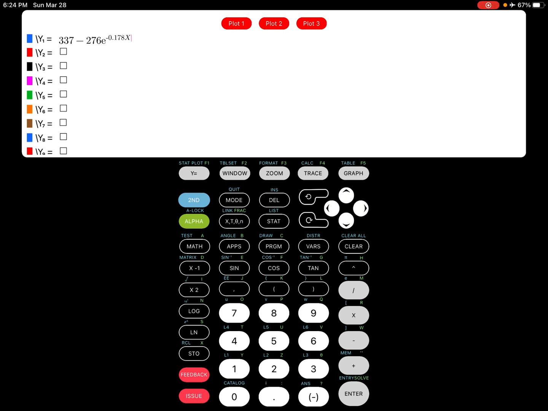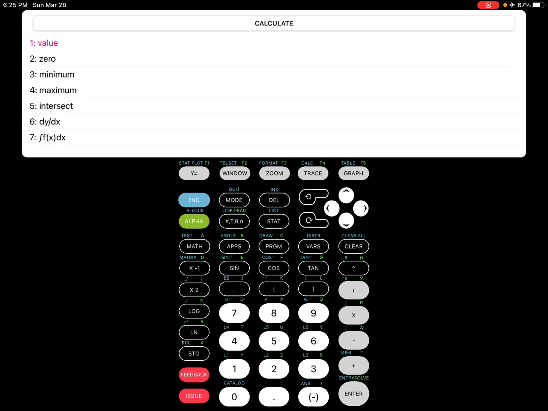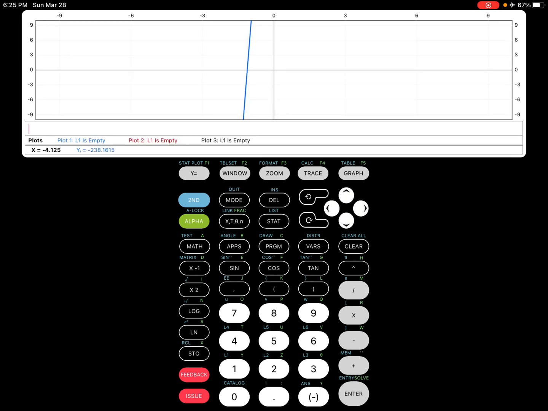Now, instead of making a table of values, we're just going to hit graph, right off the bat. Okay, and if we try to find the calculation of when that tiger shark is 3 years old, or when x equals 3, let's hit second calc, or second trace, and we're going to go down to find the value, so you can hit enter on that.